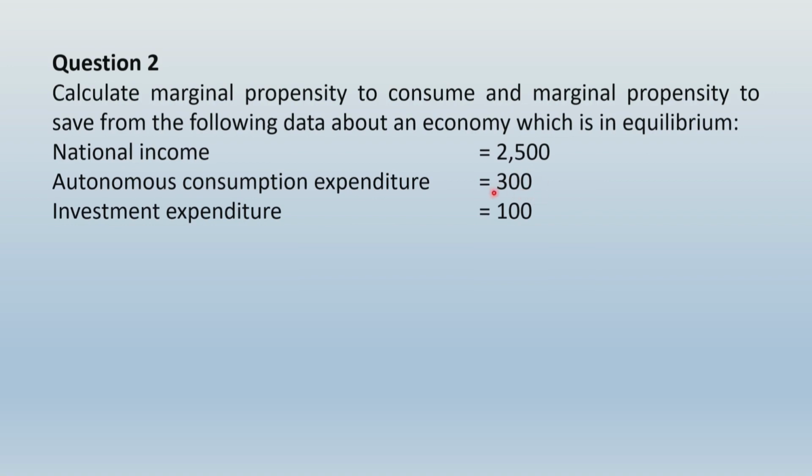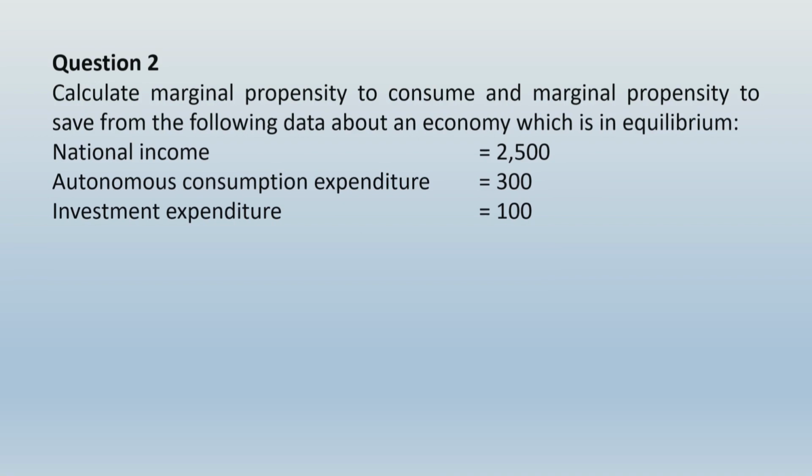So this is A, correct, and this is the investment expenditure. Because the economy is at equilibrium, national income will be equal to national expenditure. From 2500 you subtract 100, the balancing figure 2400 will give you the total consumption, and out of which the autonomous consumption is 300. So remaining consumption will be the factor B into Y.